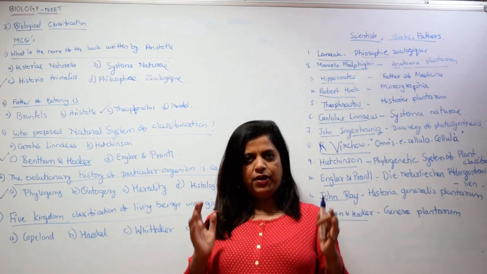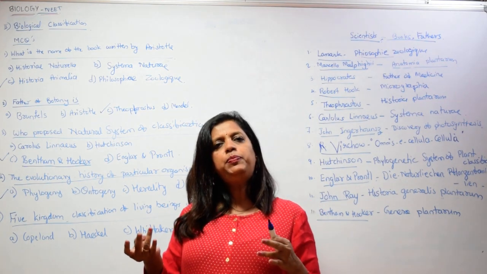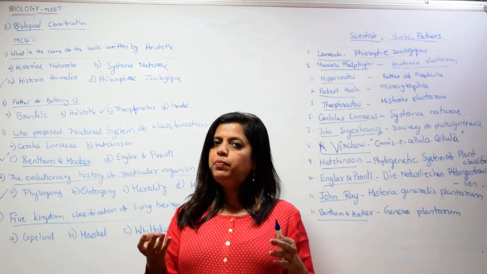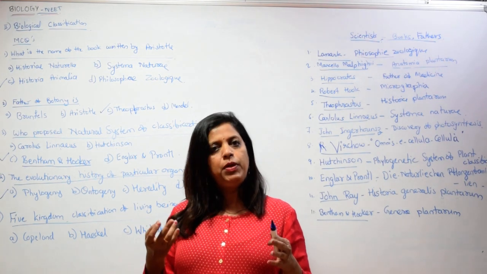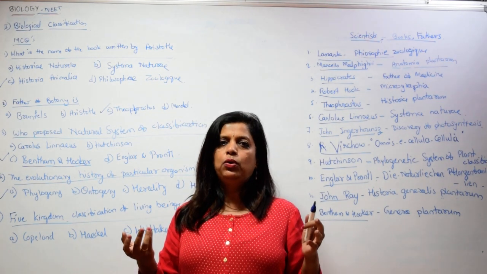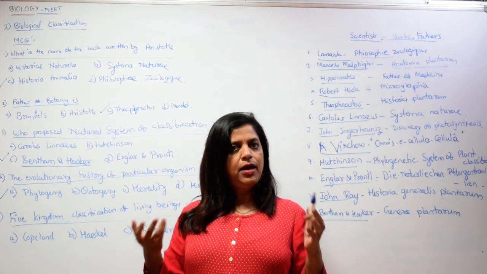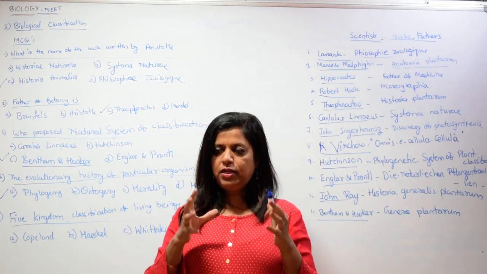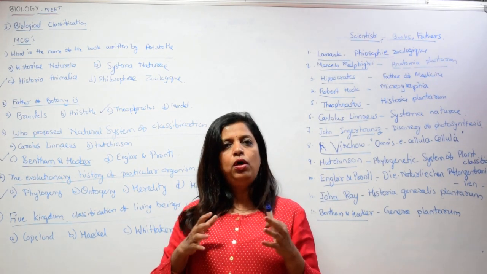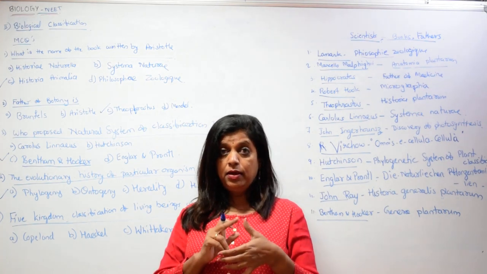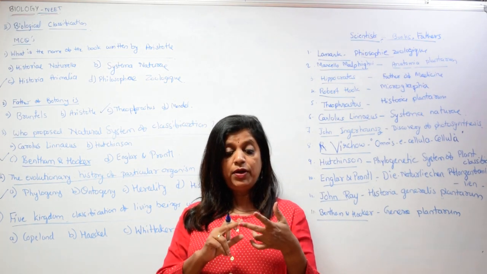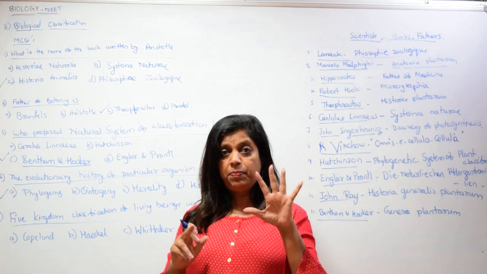All those come under fungi. Then comes Plantae. All green plants are autotrophic. They prepare their own food using chloroplast, sunlight, carbon dioxide and water. Therefore, all the plants starting from algae, Bryophyta, Pteridophyta, Gymnosperms, Angiosperms come under Plantae.